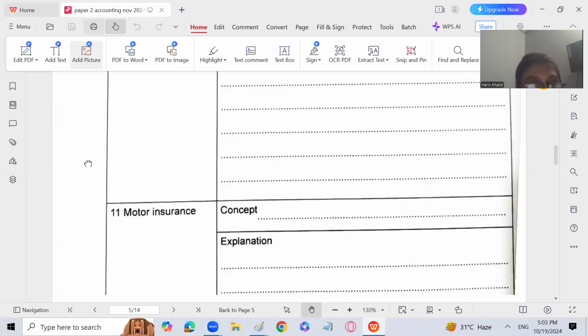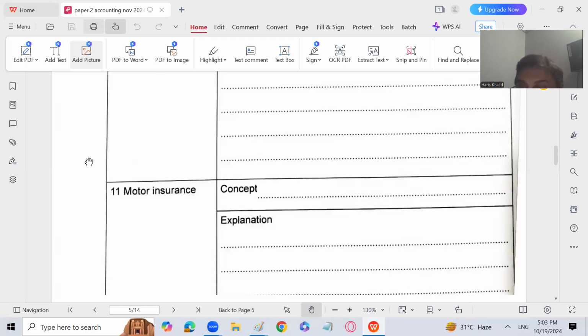Next concept is motor insurance. If you see, that was a part of motor expense and 2 months of motor insurance was prepaid. The concept is accrual concept. Accrual concept says that expenses of a particular year should be recorded in the period to which they relate, whether paid or not. Matching was a little bit for the previous one.